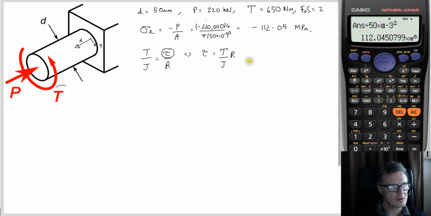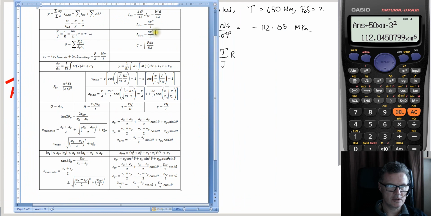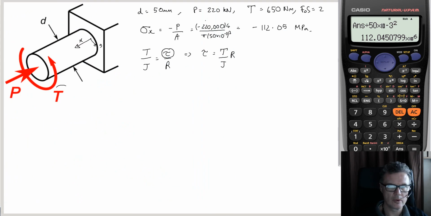And then we can look up, because on the formula sheet here, we've been given things in terms of R, so we use radius this time. Well, I tend not to. So let's substitute that in, and we're going to get the torque times little r divided by pi r to the 4 over 2.